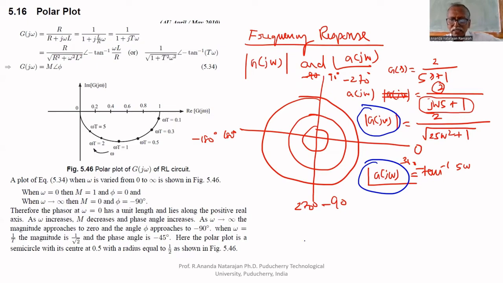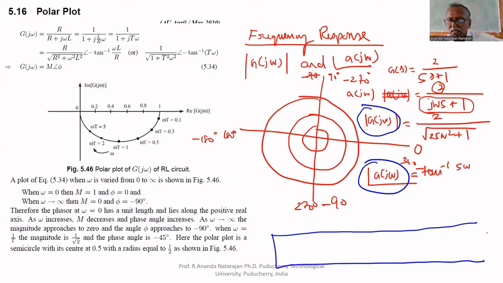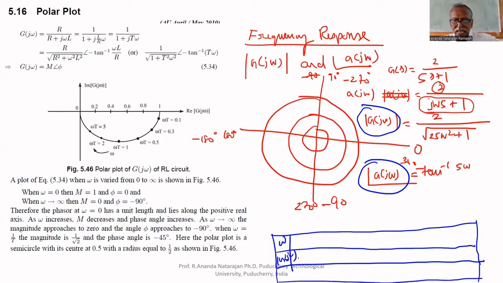Now let us find the various coordinates for this given transfer function. You have to find both the magnitude as well as the angle of G of j omega. First, we find for omega equal to 0, and finally for omega equal to infinity.